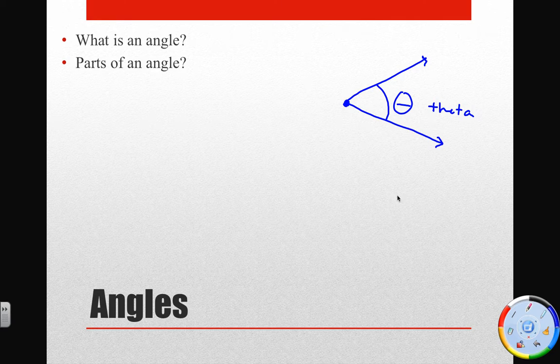So there are different parts of an angle as well. Like I just said, this is a vertex. That's the point where the two rays meet. And when we start looking at angles, we're going to look at these two sides as two different sides. This is my initial side. It's where I start.